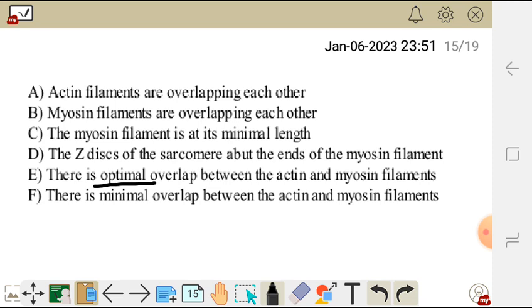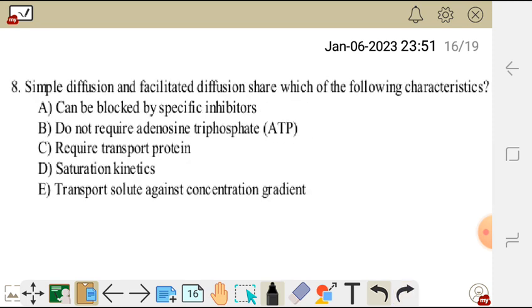It is at optimum. Actin and myosin are overlapping at optimum. That is the correct answer for question 7.